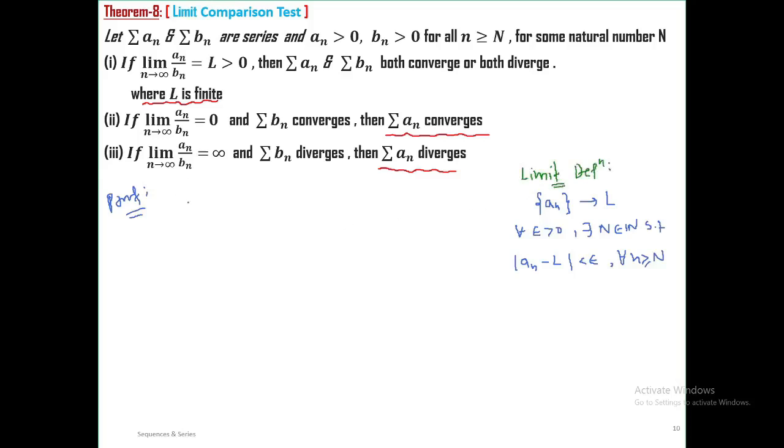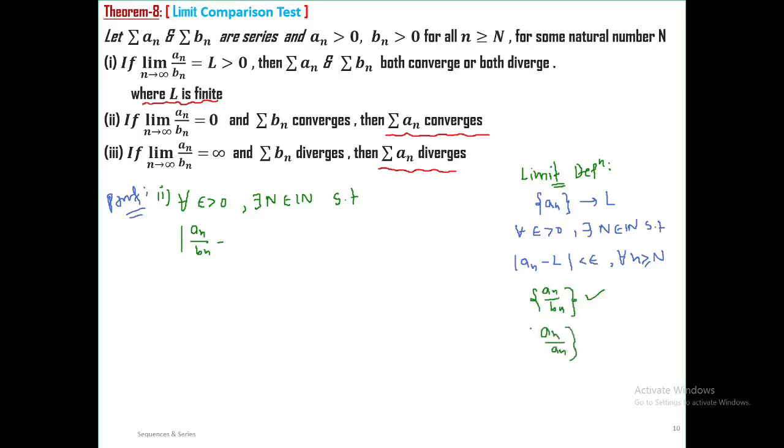So same like this, here an by bn is there. For all epsilon greater than 0, there exists a natural number N belonging to the natural number set, such that modulus of an by bn. Now, instead of the sequence you are having, an by bn is my sequence, and the nth term is an by bn.